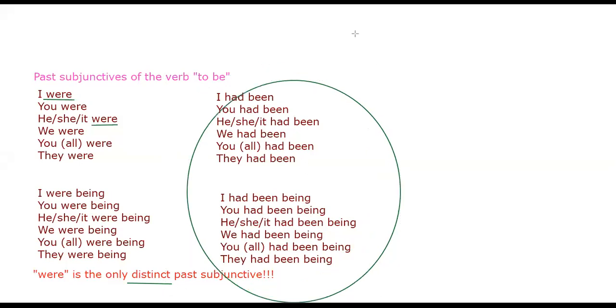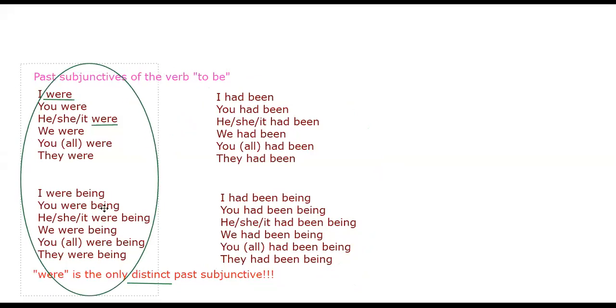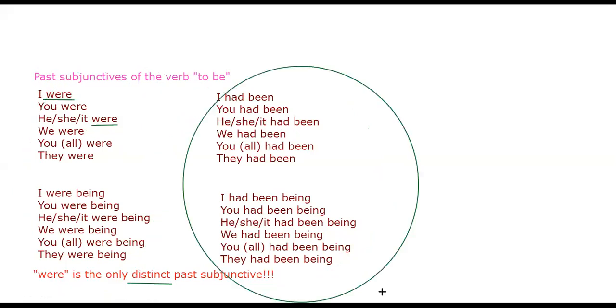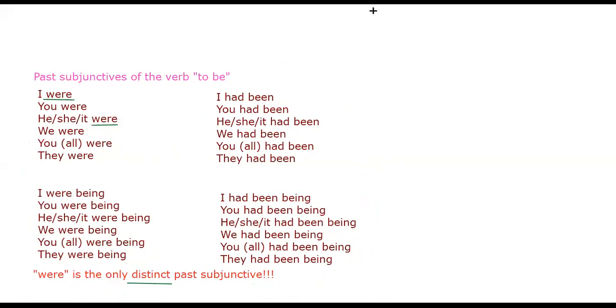So really, these two are similar. It's just that the ing form makes them different. That's the only difference. And it's the same for the other example right here. These two are the same except for the ing form. And that's how you would conjugate to be for the past subjunctive.